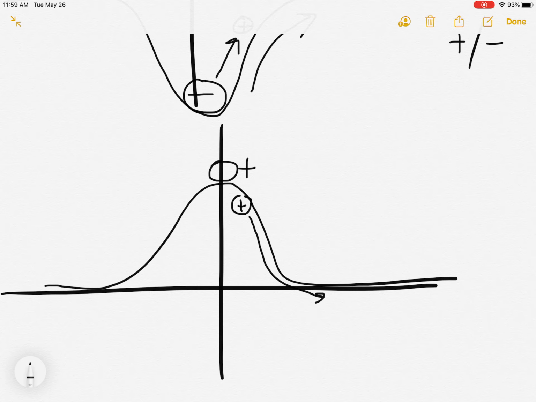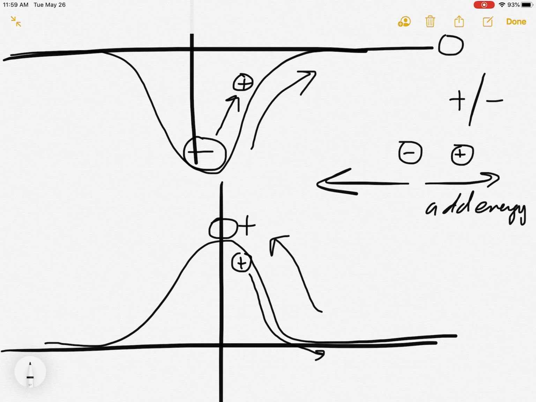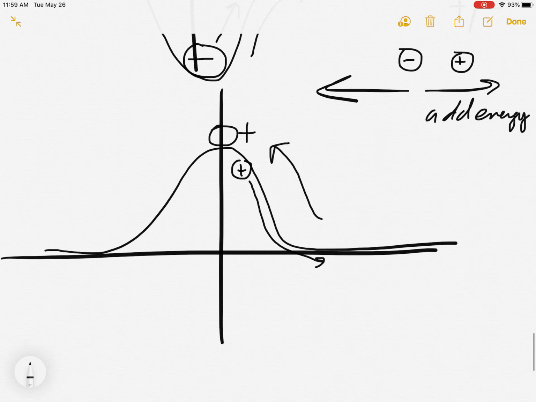It would automatically repel and want to move away. What I would have to do is add energy to bring it closer to the object. So in this case, you have two objects, a negative and a positive, and if you want them to move away from each other, you have to add energy or do work.